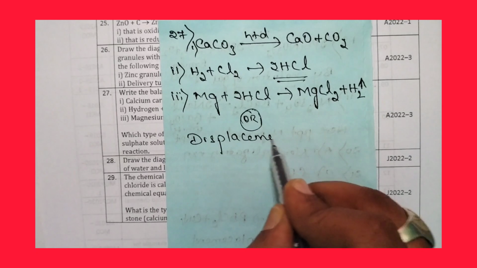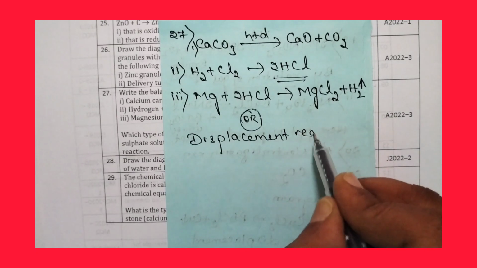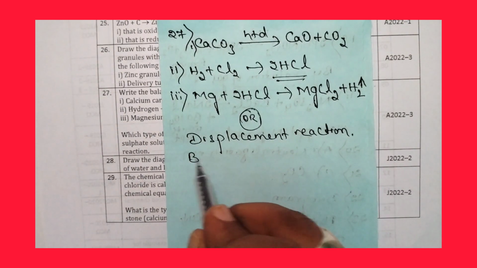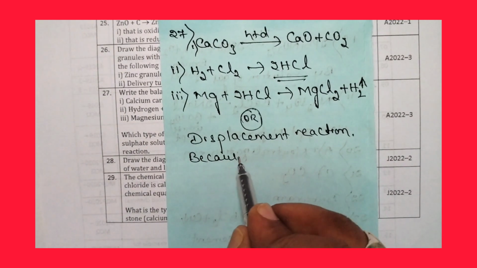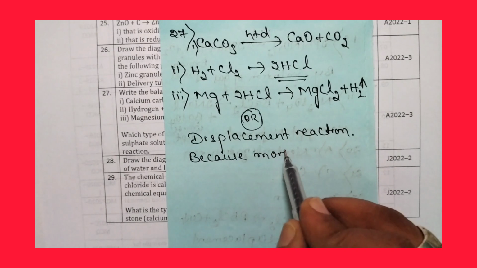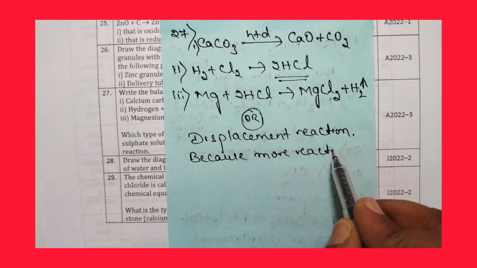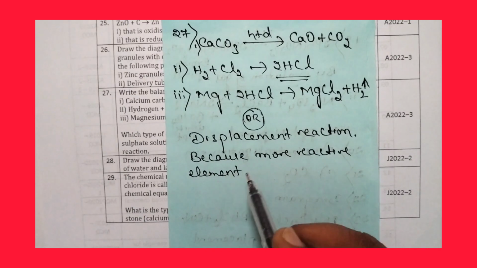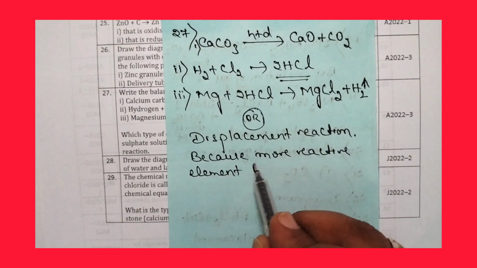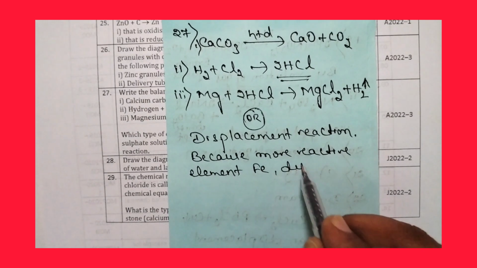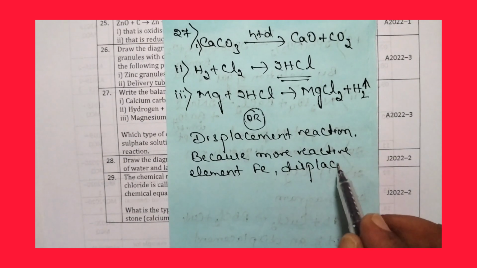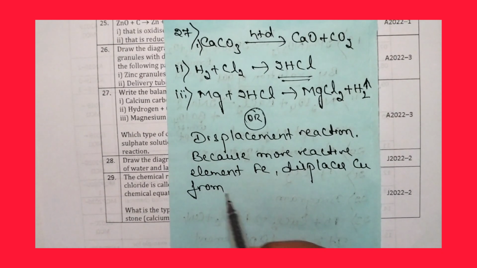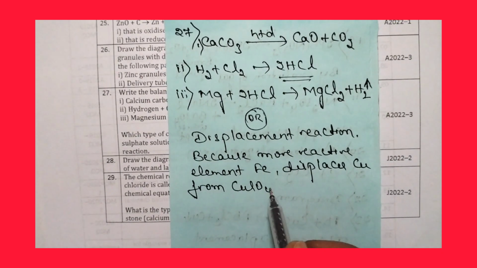It is a displacement reaction. Why is it called a displacement reaction? Because more reactive element iron displaces copper from copper sulfate solution.